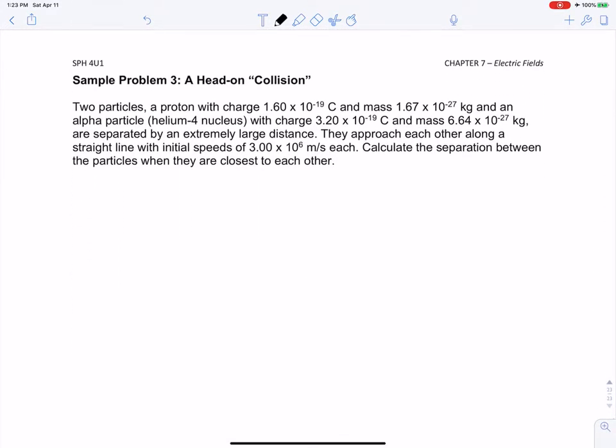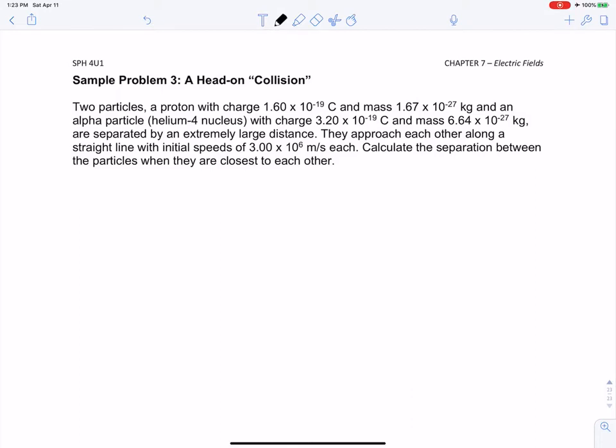In sample problem 3, we're going to look at a head-on collision. Two particles, a proton with a charge of 1.6 times 10 to the power of negative 19 coulombs and a mass of 1.67 times 10 to the power of negative 27 kilograms, and an alpha particle, which is a helium-4 nucleus, with a charge of 3.20 times 10 to the power of negative 19 coulombs and a mass of 6.64 times 10 to the power of negative 27 kilograms.